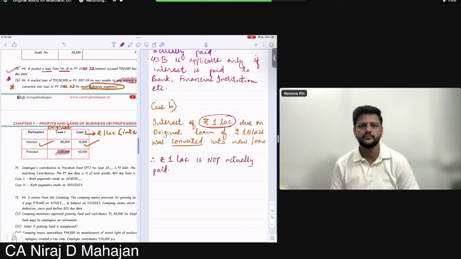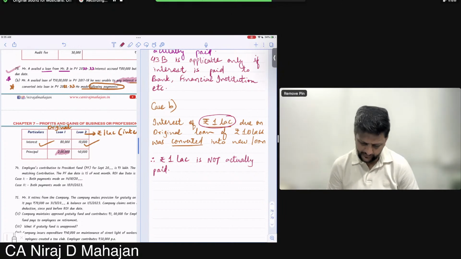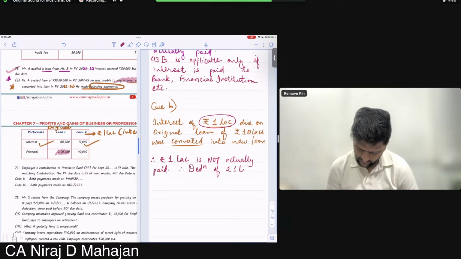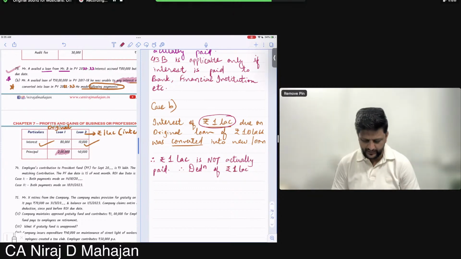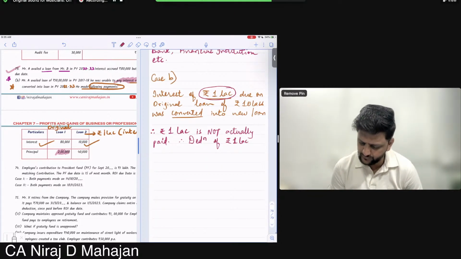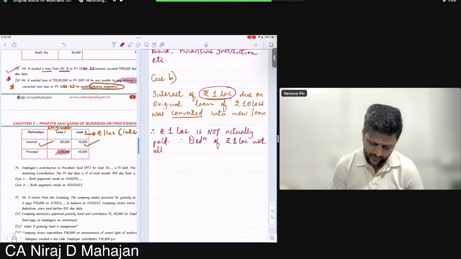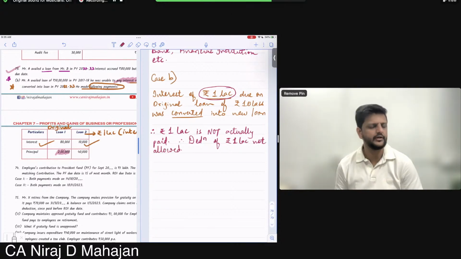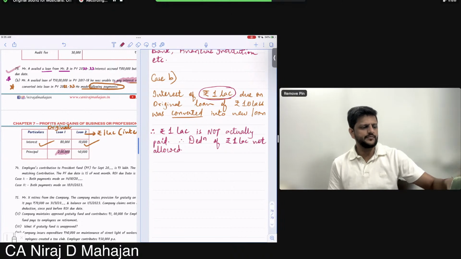Yes? Therefore, deduction of rupees 1 lakh not allowed. That means what, children? Just conversion is not a payment, right? Okay, just mere conversion is not a payment. Clear till here, all of you?